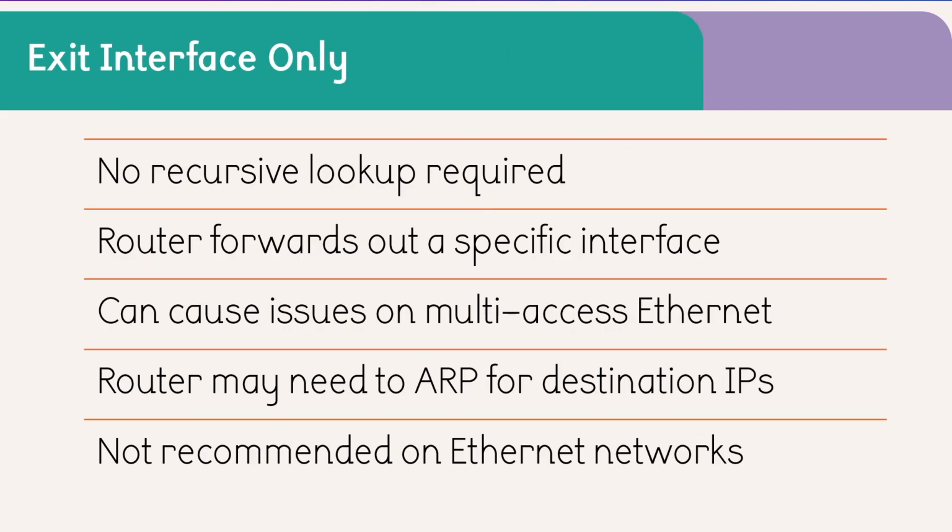When you configure a static route using only an exit interface, the router doesn't need to do a recursive lookup. It just sends the traffic out the interface that you specify.